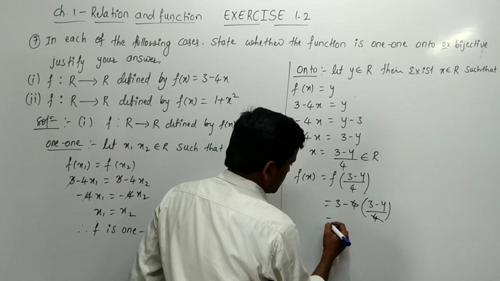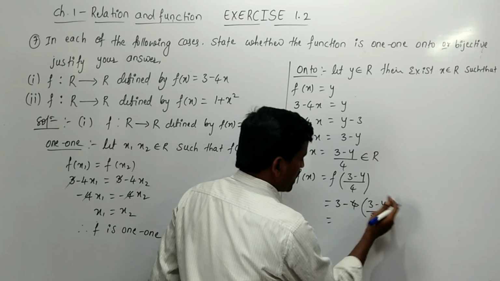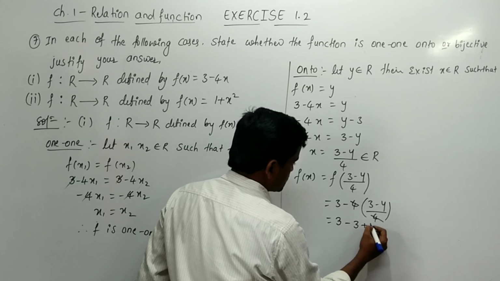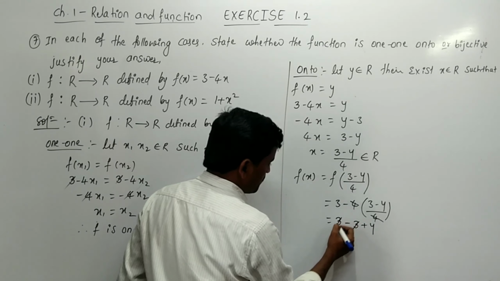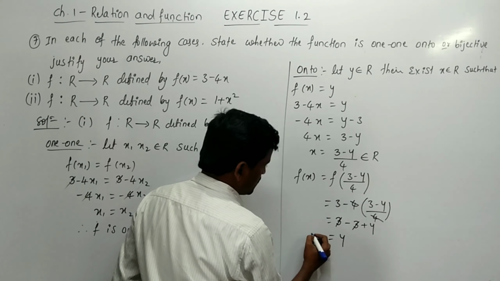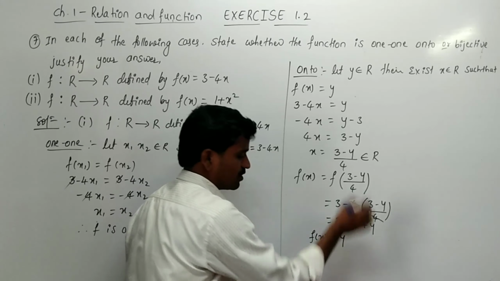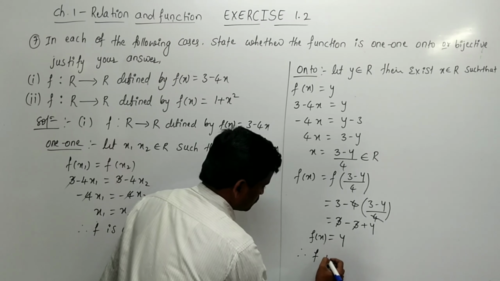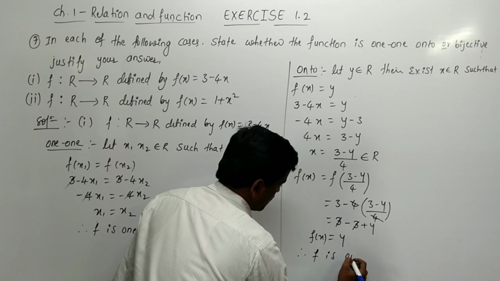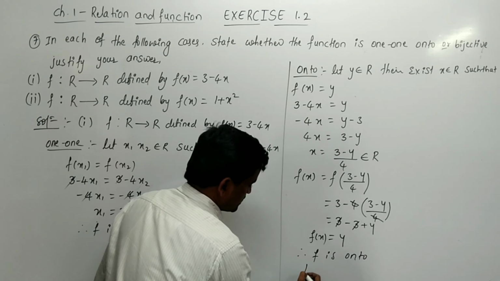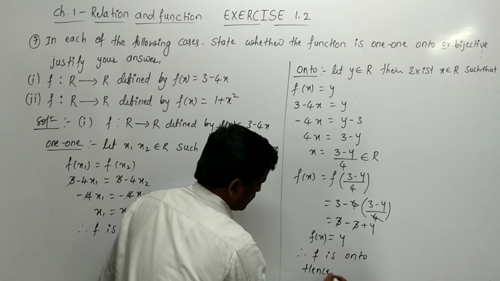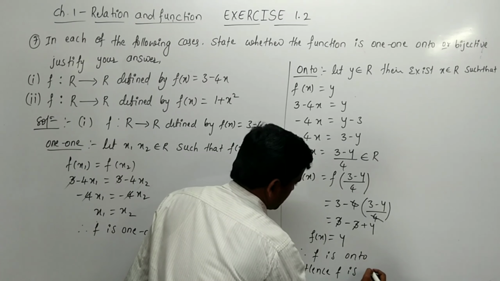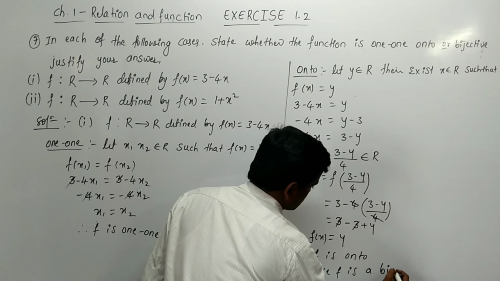The 4 gets cancelled. Then multiplying the minus into the bracket, you get 3 minus 3 plus y. The 3 and minus 3 get cancelled, leaving y. Therefore f of x is equal to y. The function is onto. Therefore f is onto. Hence f is a bijective function.